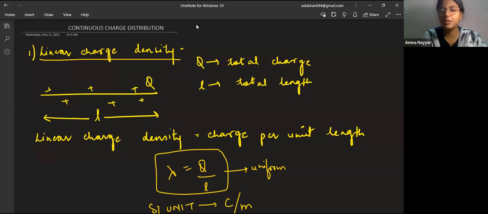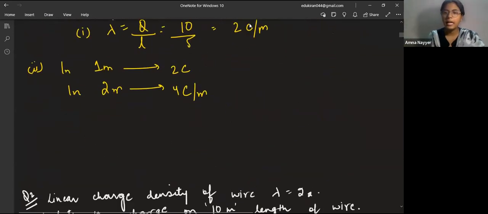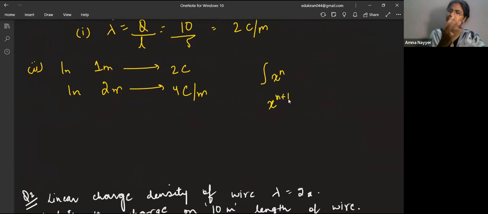Integration part. Just remember, when you are integrating, if x to the power n is there, add 1 to the power, and then divide by the new power, n plus 1. Suppose x is given with no power, it means the power is 1, so it becomes 1 plus 1 and gets divided by 1 plus 1.